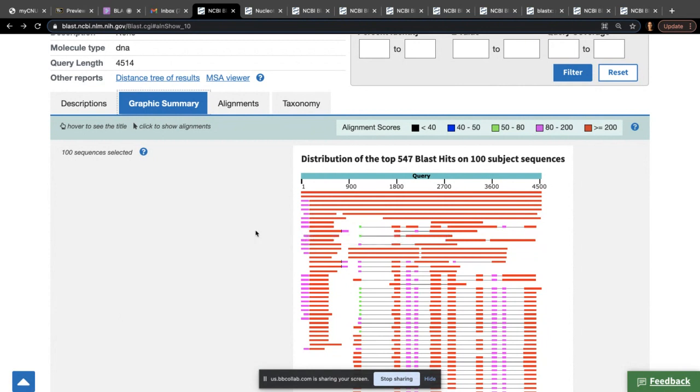Predicted is less trustworthy. It seems like this would be true, but we don't have lab information to say it is true. This is from bioinformatics.